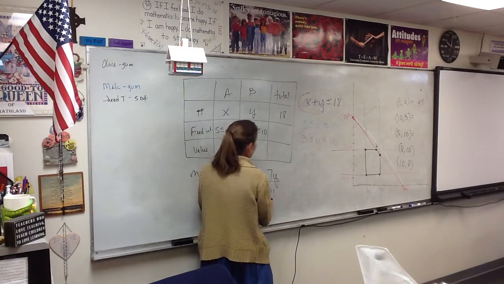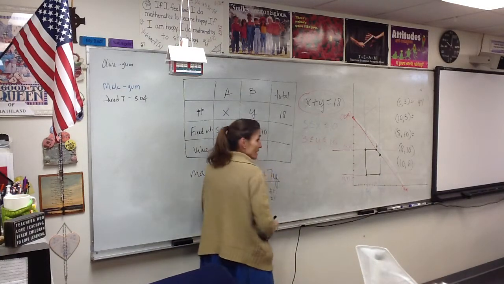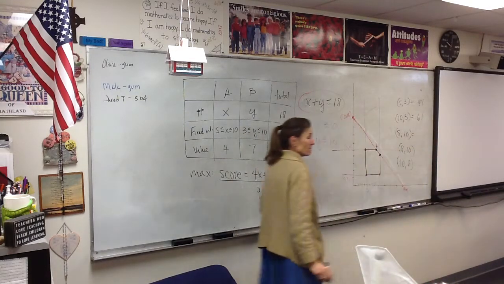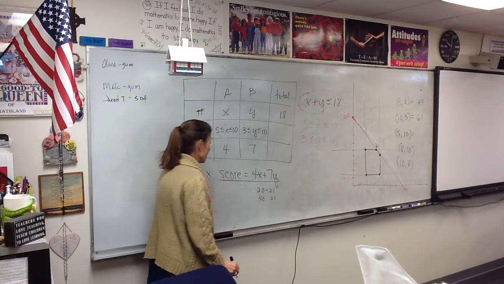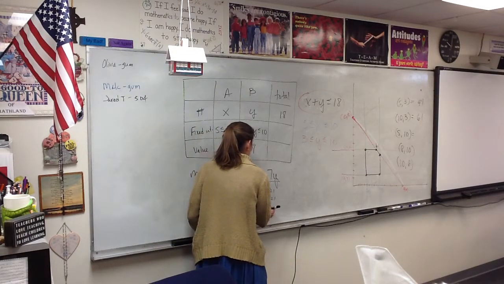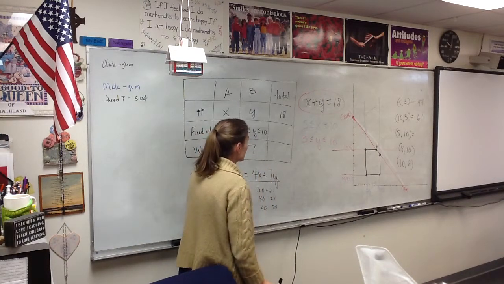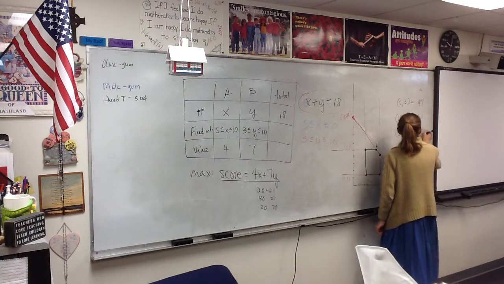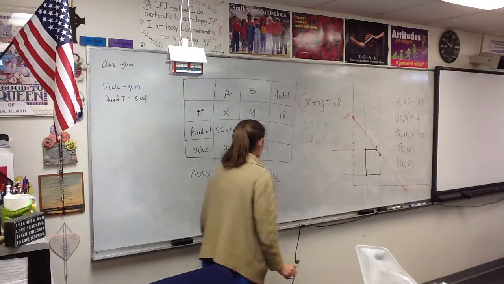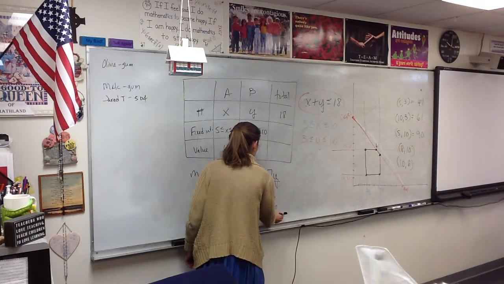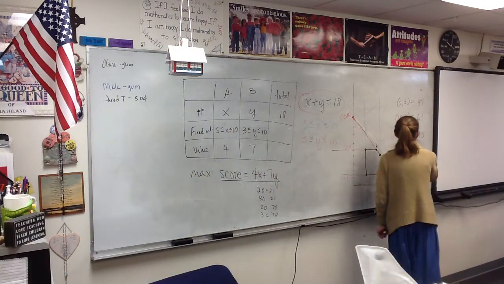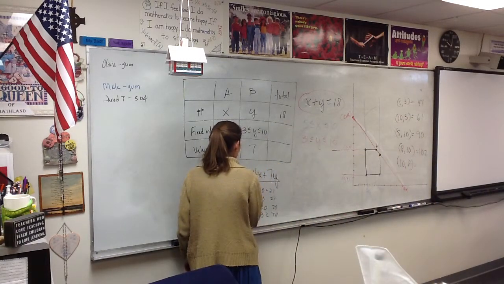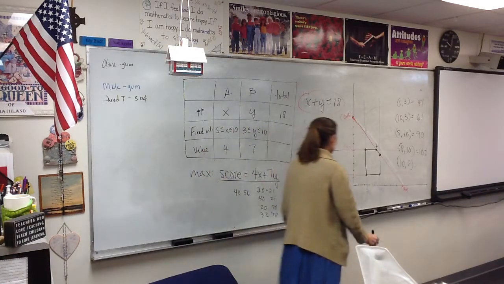How about 10 X's and 3 Y's? 61. 5 and 10, you get a 90. 8 and 10, you get 102. And 10 and 8, you get a 96.